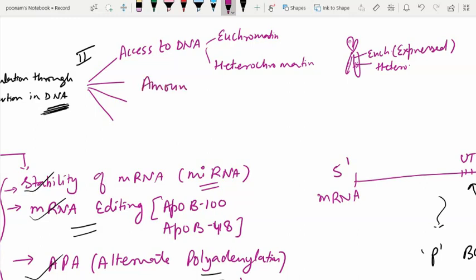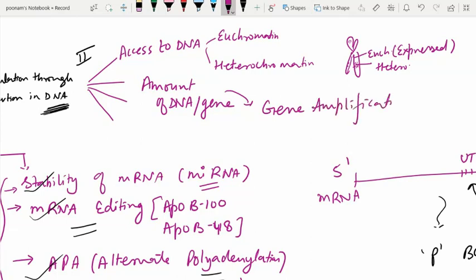Then the next heading under this will be the amount of DNA, the amount of gene which is available for transcription. Under this heading, you can always talk about gene amplification. The number of times the gene amplifies decides the level of transcription.